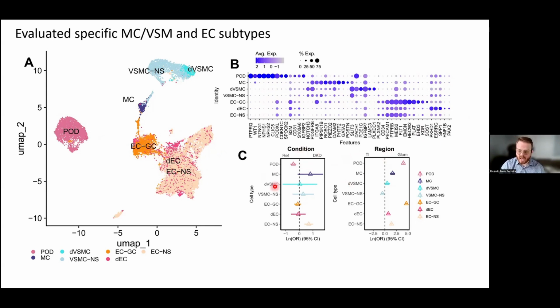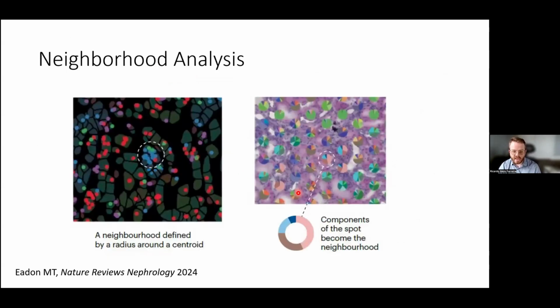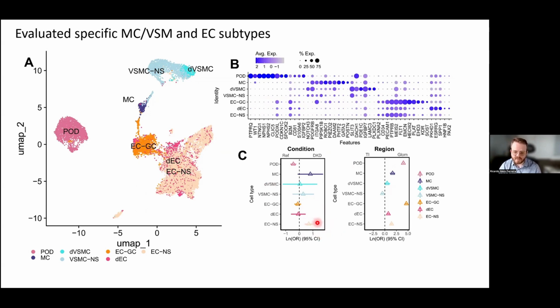And then when we look at the mapping of those cell types over conditions, we found before an increase in endothelial cells, but the glomerular capillaries do not increase to explain that. The cell types that increase are those non-specific endothelial cells, right? So we are trying to now understand what are the endothelial cells that have an unknown signature that map to the glomeruli, and we hypothesize that those will be the ones that are associated with neovascularization.